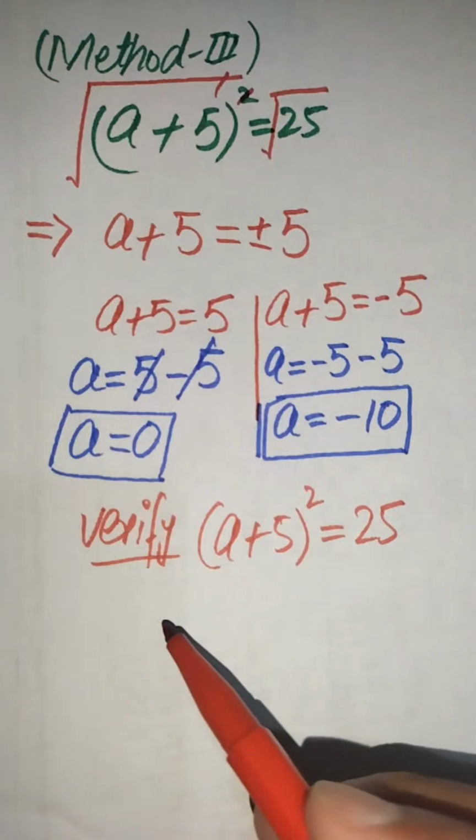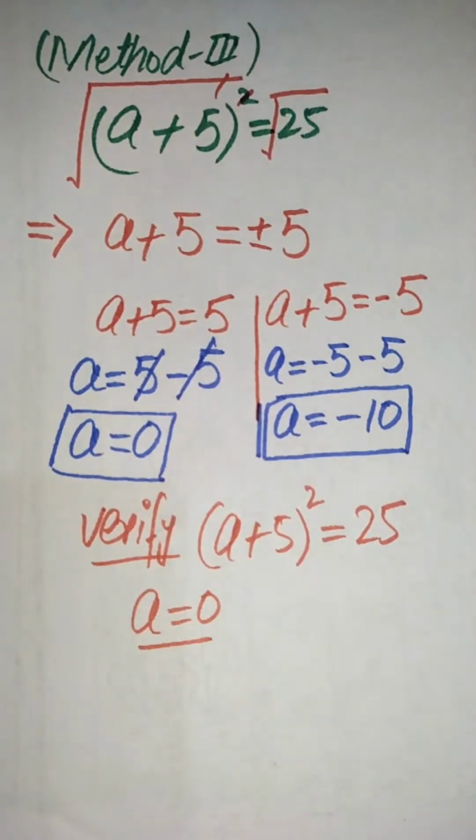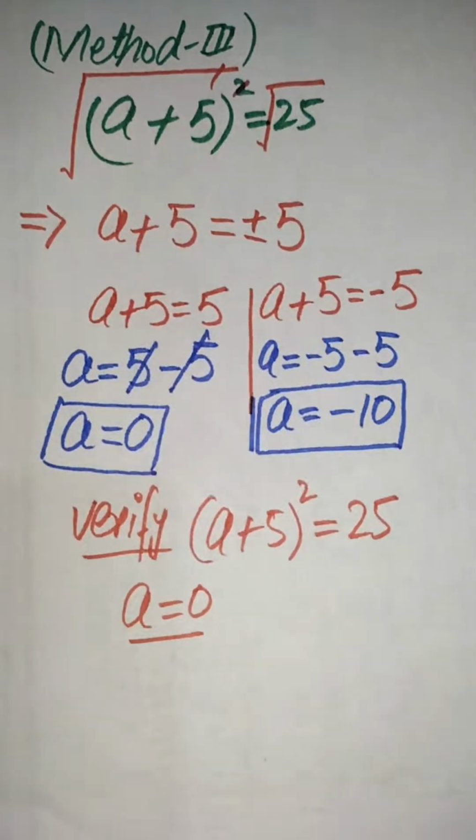Now first we need to verify a = 0. In order to verify a = 0, we just substitute a = 0 into the left hand side of the given equation.